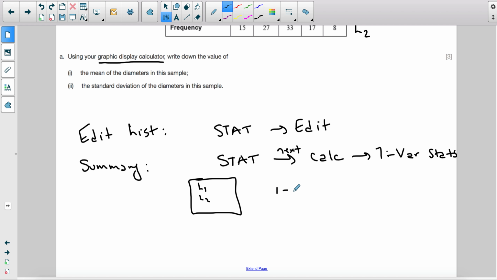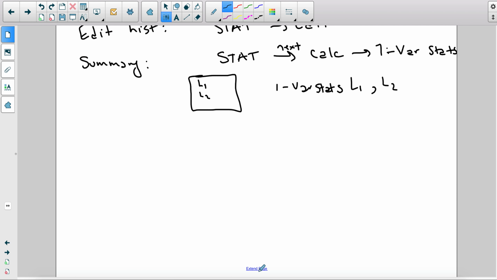So if it goes to the main page and it just writes that and expects you to write the list, then you should write L1 and then put a comma, and the comma can be found above 7, and then L2. If you knew all of this, you could have just skipped all this part. And then you go through the summary, you press enter, and you will get your values.